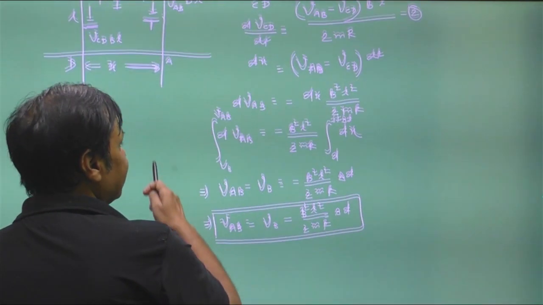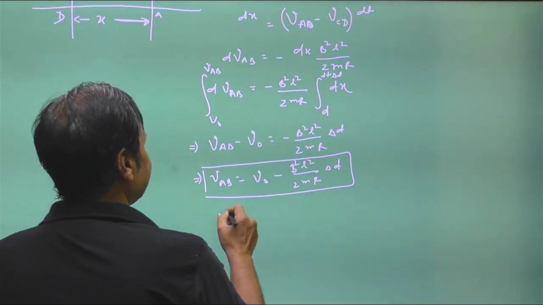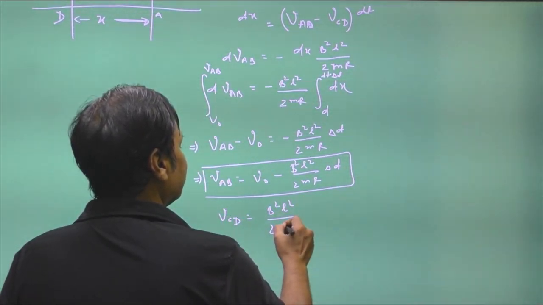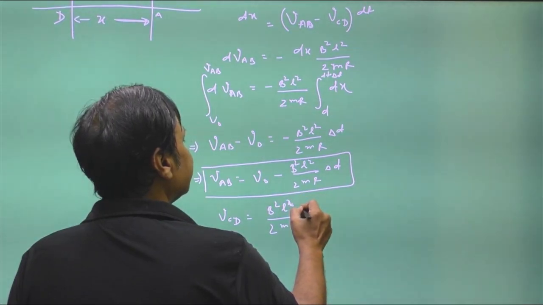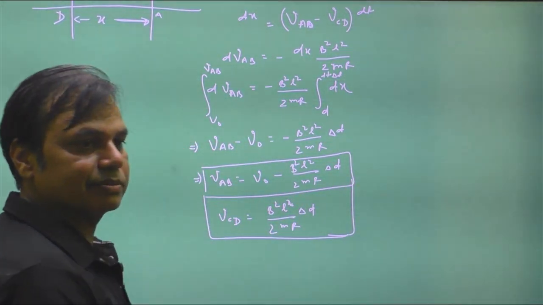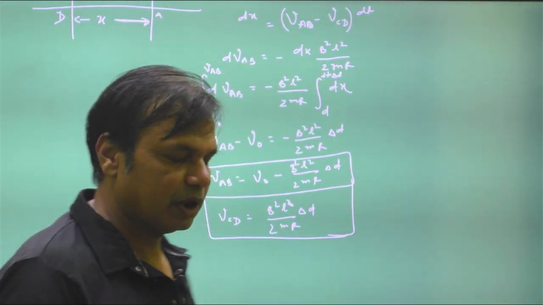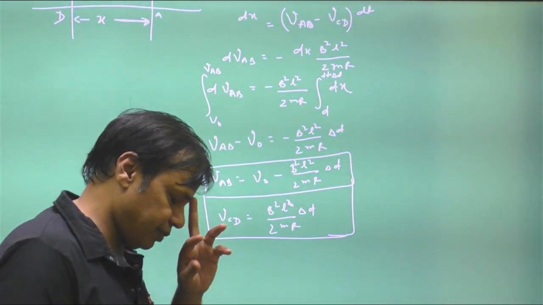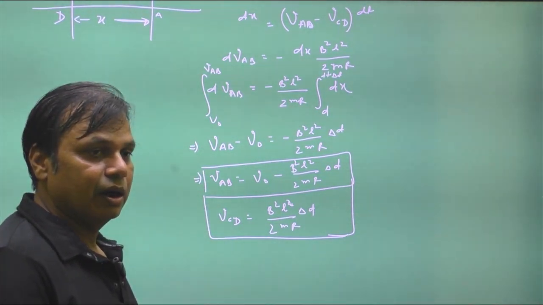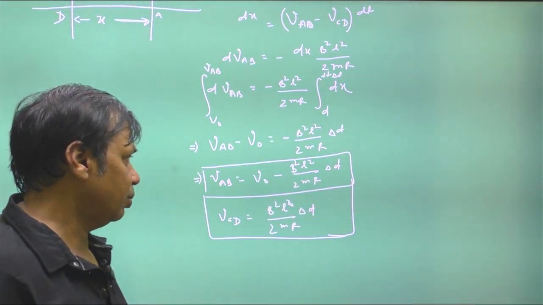So VCD, I can directly write as B square L square upon 2mR delta d. This is our VCD. So I got the relation between velocities of both rods and the distance they have moved.